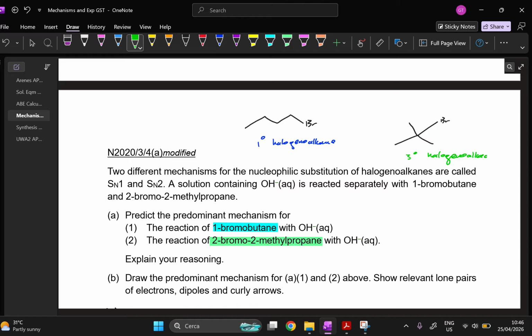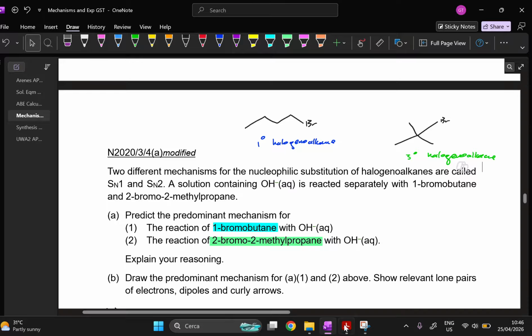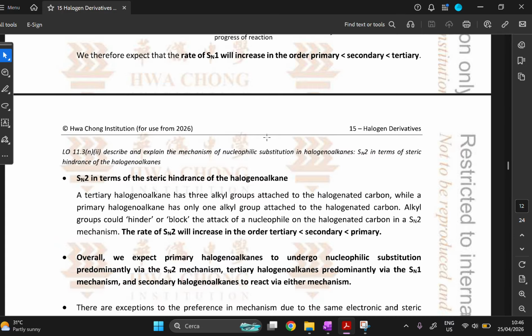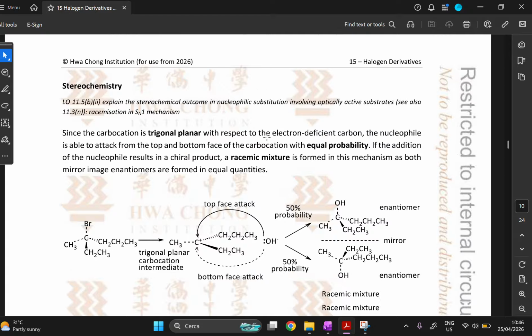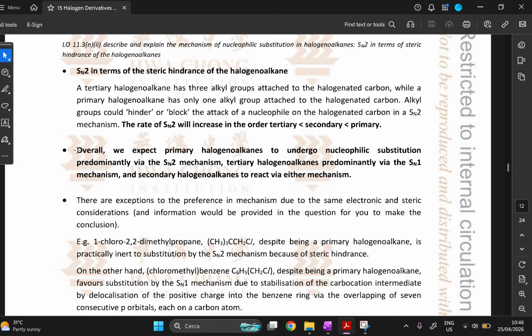And we know, based on theory from our lecture notes, that usually your primary halogenoalkanes are going to react via SN2, and your tertiary halogenoalkanes are going to react via SN1. I think that is this particular bolded point here.